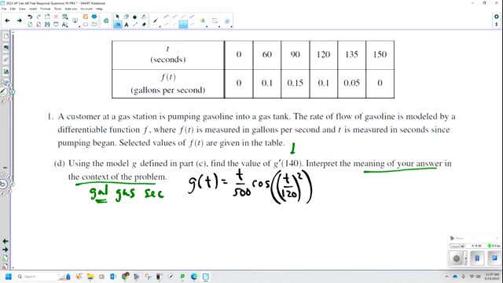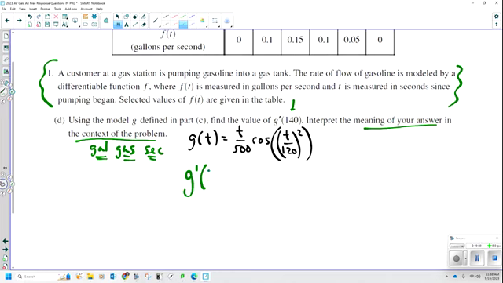These are words specific to this problem for the gas station pumping gas. In the context of the problem means you have to use the actual words in the scenario.